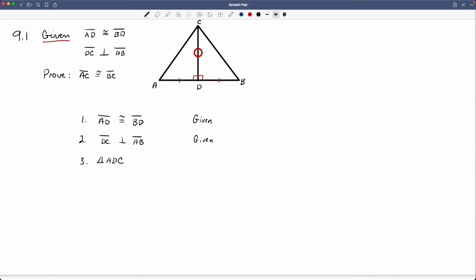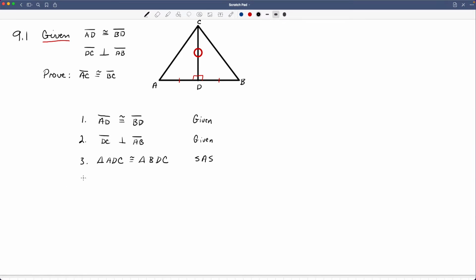So D has to go in the middle for both of these, and we have to do the outer corners first, is congruent to triangle BDC, right? And that is by side, angle, side.